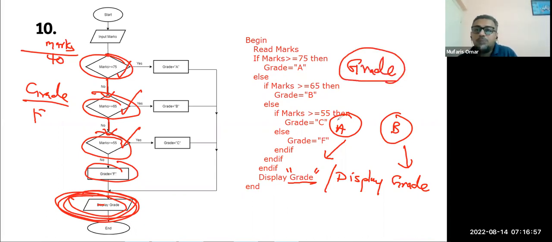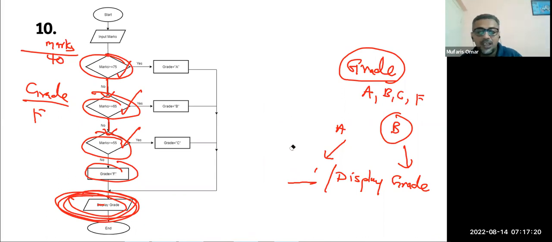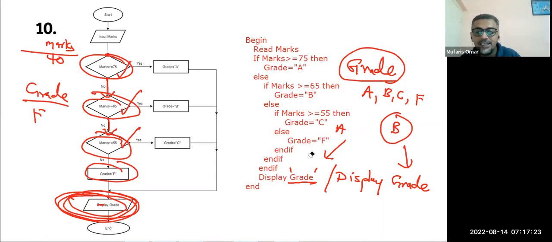What you have to display is the content inside that variable, whether it's A grade, B grade, C or F. So when you want to display the content of the variable, you should not use the double quotation. If you use the double quotation, then that is wrong. So don't use the double quotation.